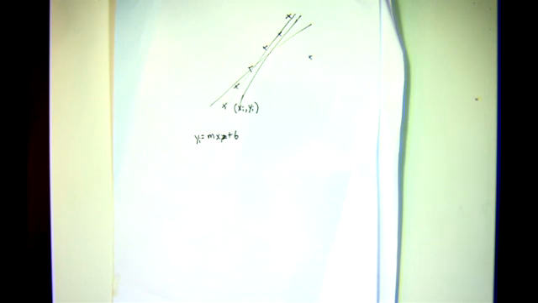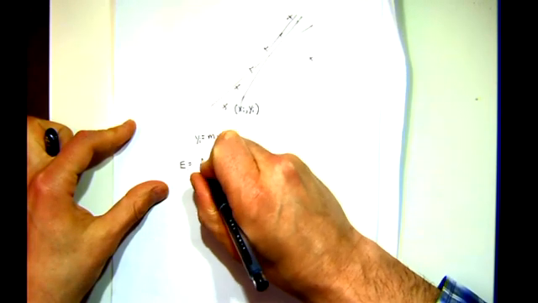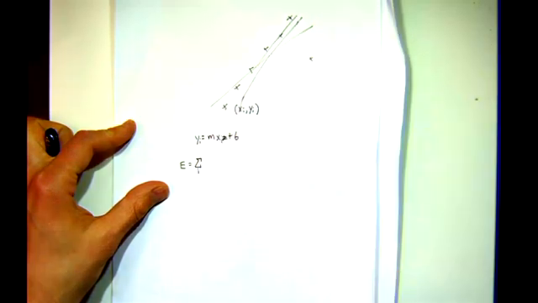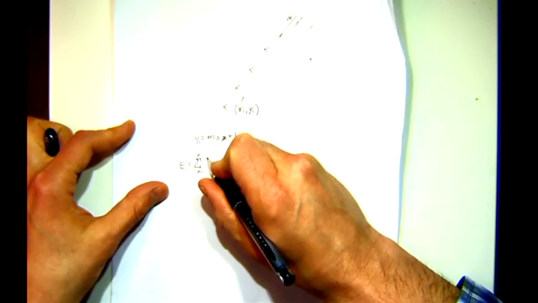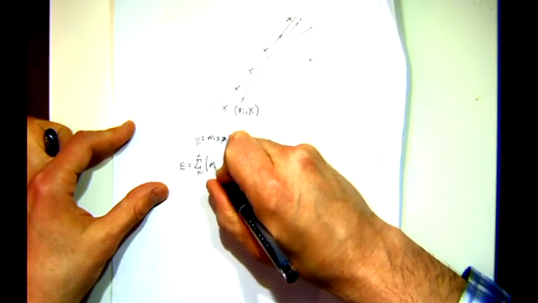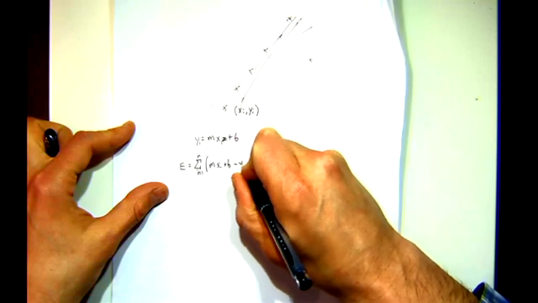And now if I've got a set of points, then my error is the sum over all the points, i equals 1 to n, of (mxi plus b minus yi).